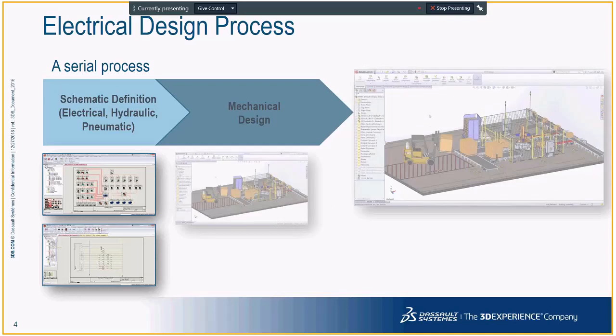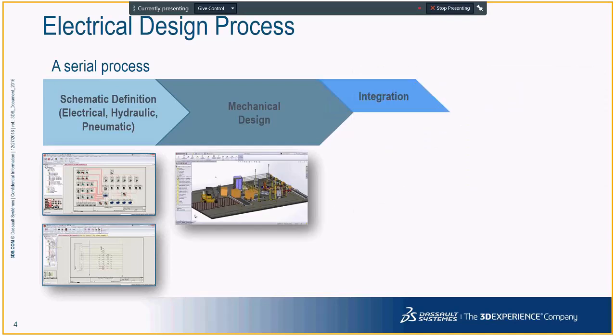When the mechanical design comes in and they do it with SolidWorks 3D CAD, the integration starts. As I explained, most people still use a measuring tape or other measures to measure the actual length of the cables.